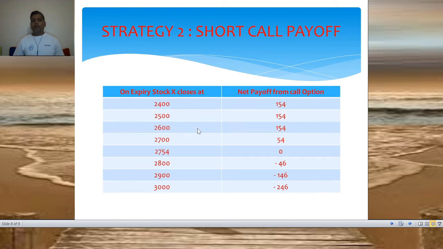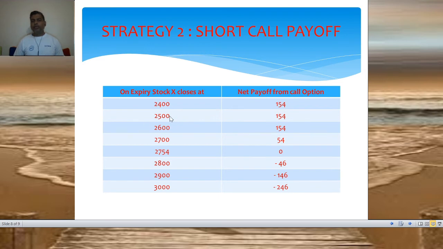Now we'll try to understand how we calculate the payoff for the short call. So now we know that we have sold the call option of strike price 2600 at a premium of 154. So if on the expiry the spot price of stock X closes at 2400, the seller will make a profit of 154.